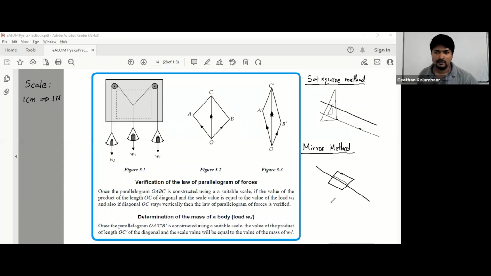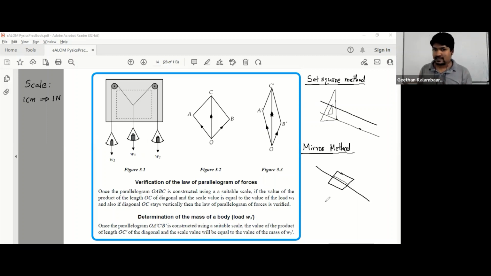So what you do is you move your head this way and that way until the image is covered by the object. The object is the string. You move your head until the image of the string is covered by the string.